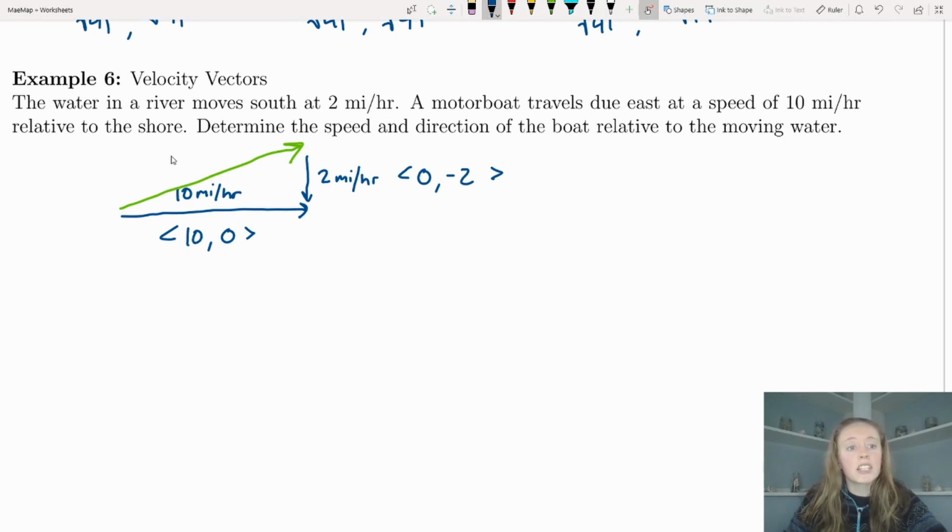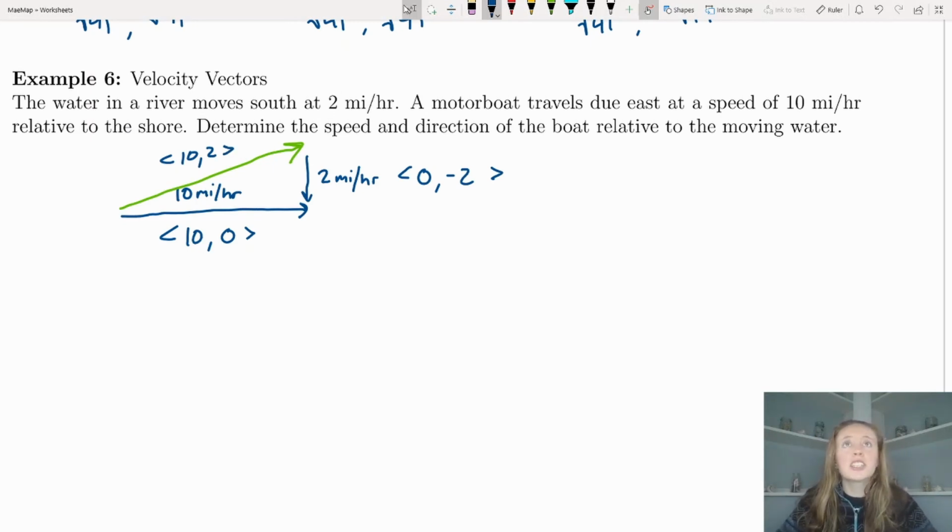So that vector is going to be 10, 2, because the velocity relative to the shore is our velocity relative to the water, plus the velocity of the water. So relative to the shore minus the water gives us relative to the water.